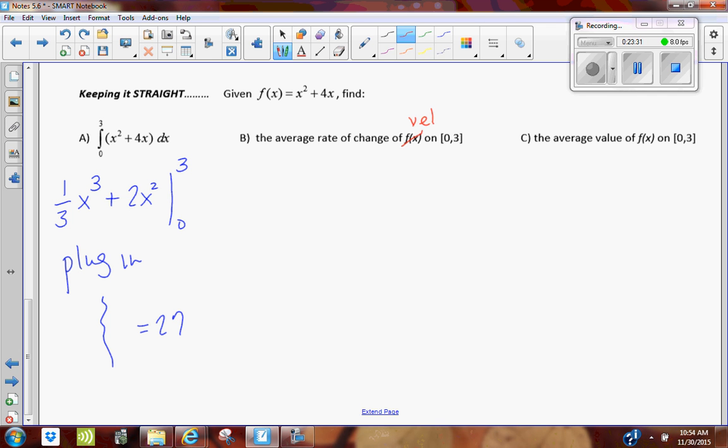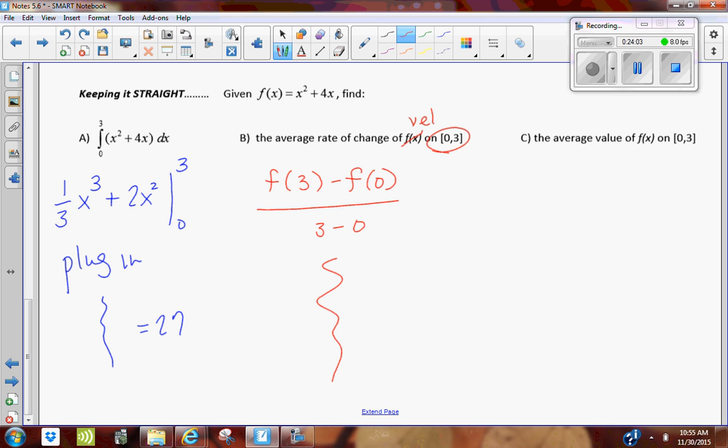Rate of change, slope of velocity, which would be acceleration. Well, how do you get acceleration off of velocity? You don't have an equation, but this is over 0 to 3. So this would be f of 3 minus f of 0 over 3 minus 0, and so on. I did not work that one out.